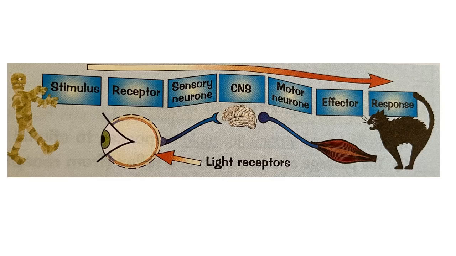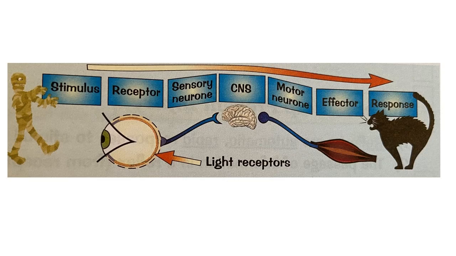And my taste buds on my tongue are going to send an electrical impulse through sensory neurons in my tongue all the way to my brain. Now, when my brain receives this information, it can process that information and it can decide whether this is a good thing or a bad thing, and it can make a decision.